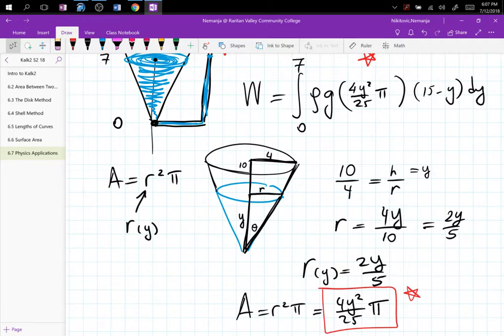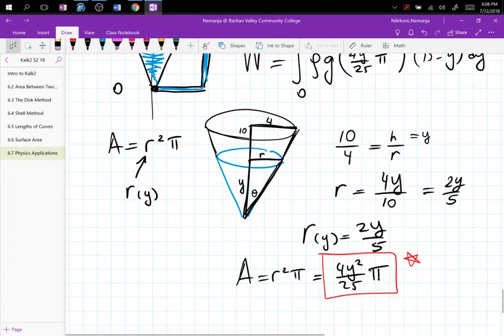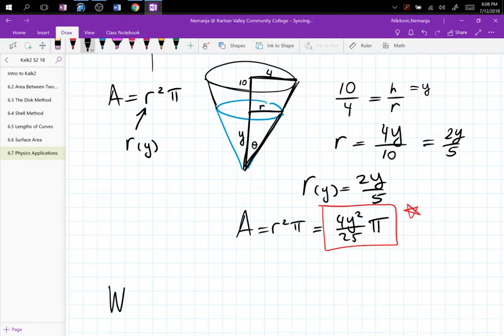So now we set up the similar triangle proportion, solve that for r, and then plug that r into the r for the area. And we have, as you can see, area as a function of y, because you have y squared, right? It's a function of y. Plug that into the integral up there. And now we have to solve.